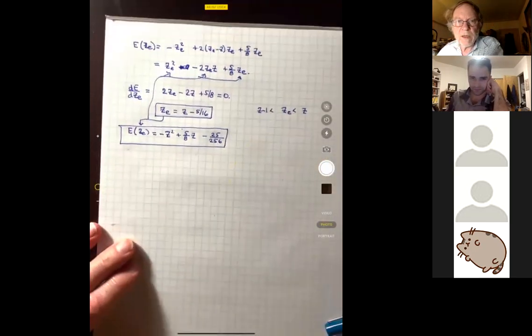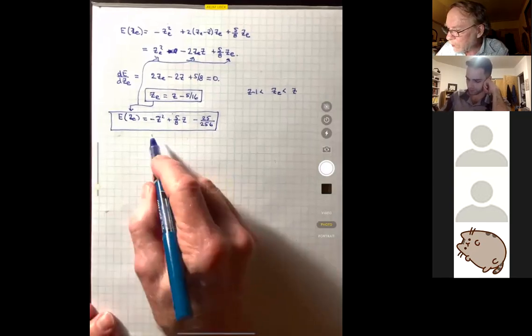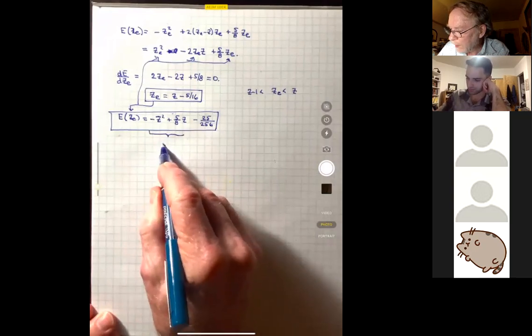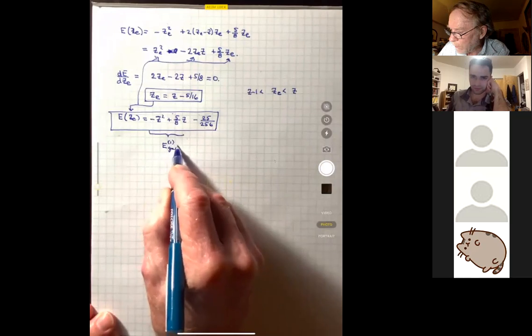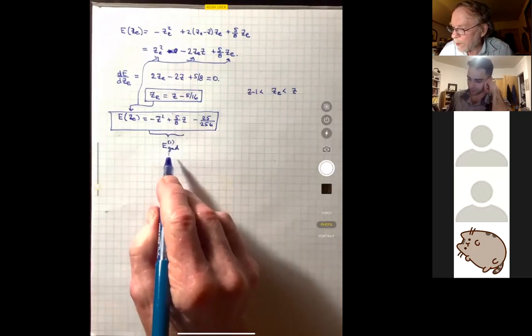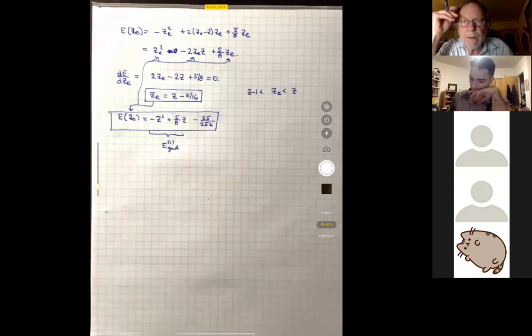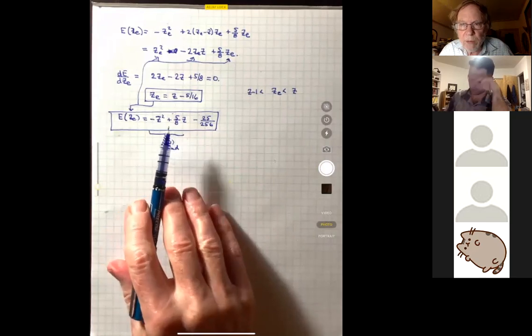It's kind of an interesting result, because the first two terms are what we got from first order perturbation theory. This is what I called E first order of the ground state. The first order estimate in perturbation theory for the ground state energy was minus Z squared plus 5/8 Z. And that was already variational, as we pointed out.